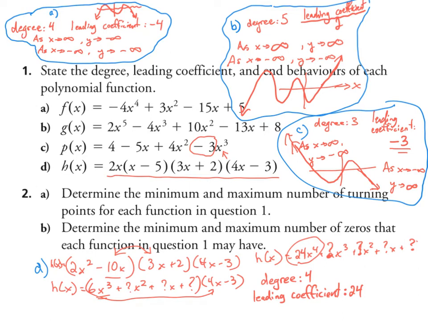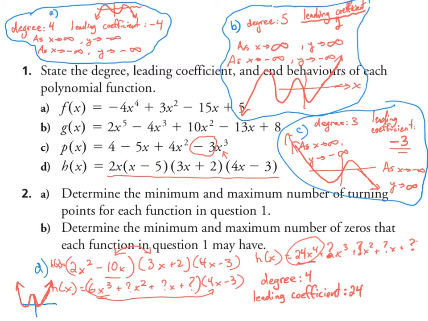Binomials. All right, I don't have much room here, so I'm making a little tiny graph. We're going to say it's a 4th degree polynomial, but the leading coefficient is positive, which means it goes off to the right up high. And it's degree 4, so it goes 1, 2, 3, 4, like that.